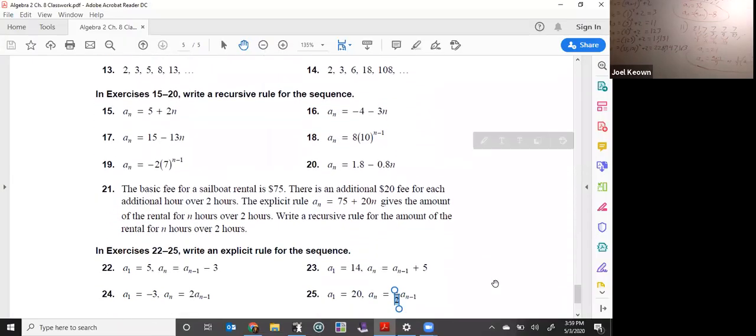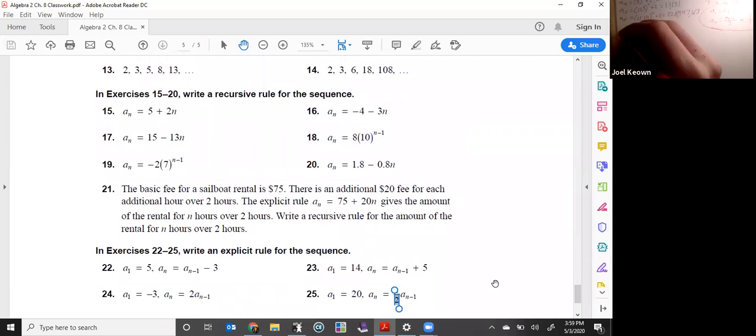All right, we'll move on. In 15 through 20, they give me the explicit rule, and they ask me for the recursive. So I'll pick one or two to do here. This is really only two different types.